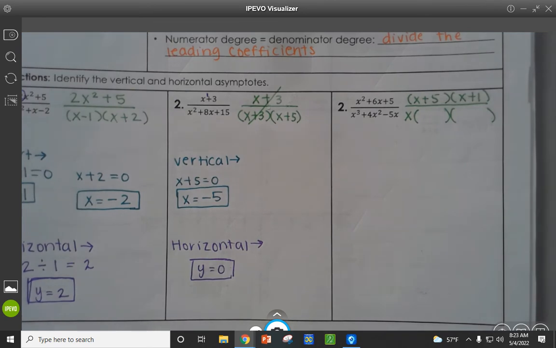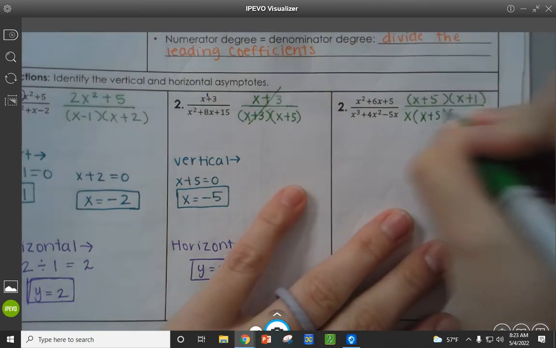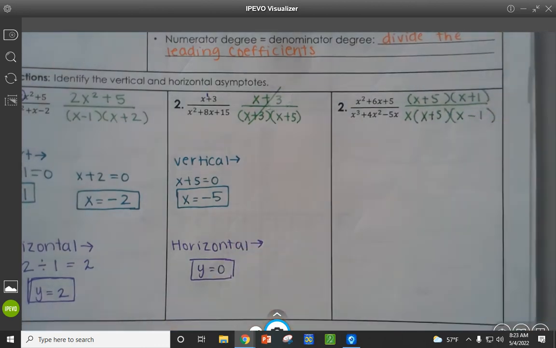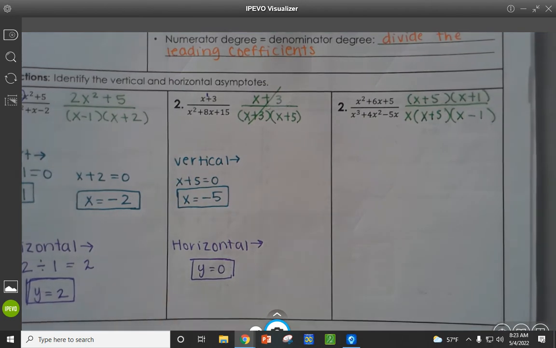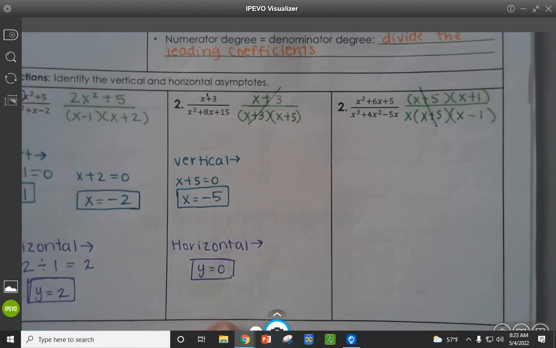What are those numbers? 5 and -1. x plus 5, x minus 1. And these x plus 5s cancel out.